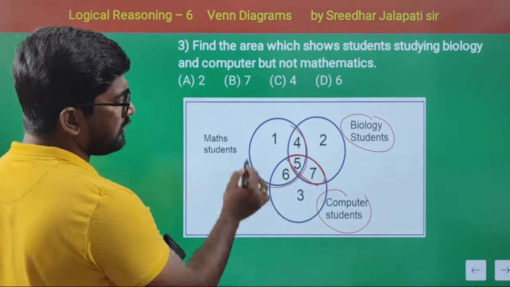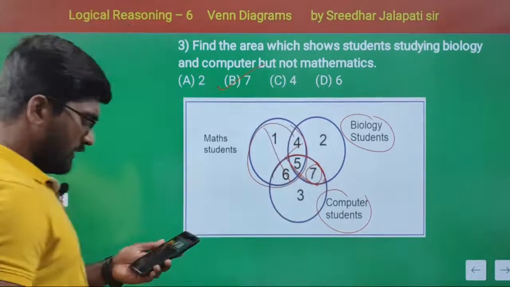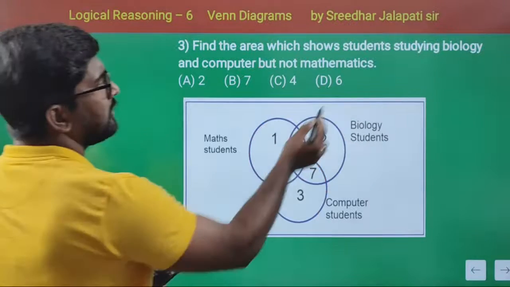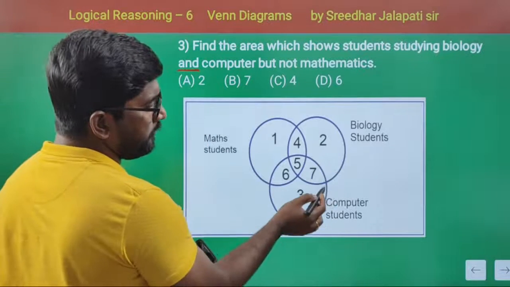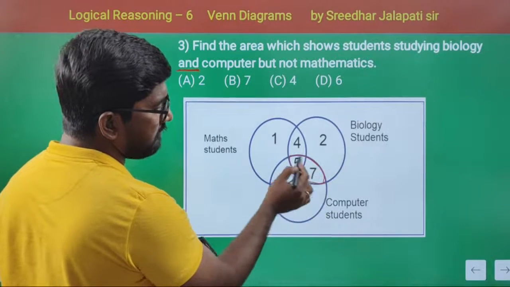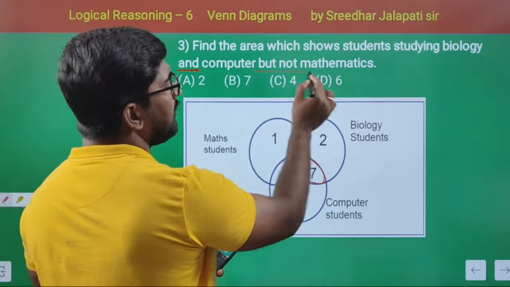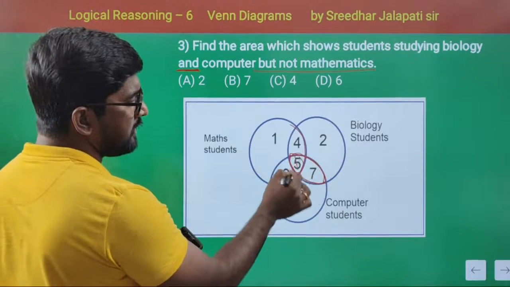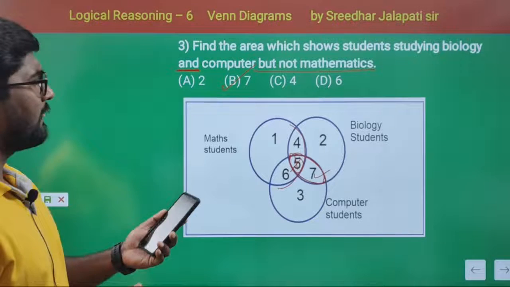So if I exclude mathematics, then 7 is the answer. I repeat, we want biology and computer, which is 5 plus 7, 12. But we were told not to include mathematics students. So if I exclude these 5 mathematics students, the remaining is 7. So the answer is option B, 7.